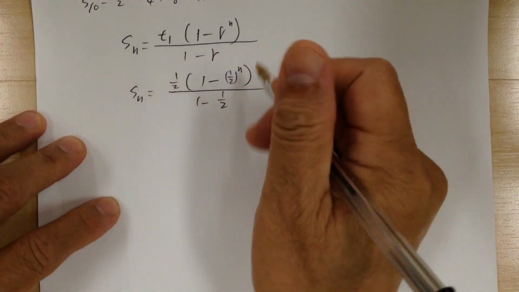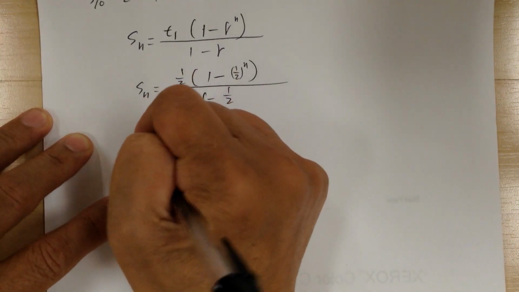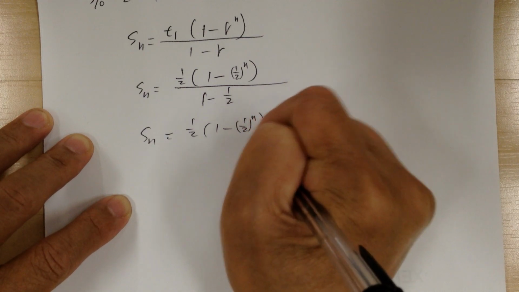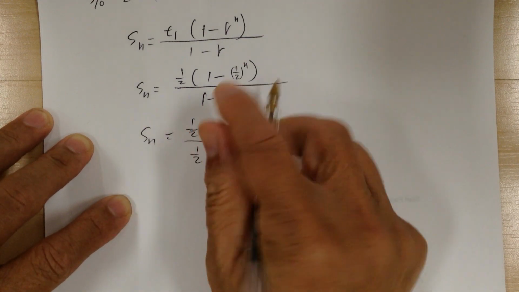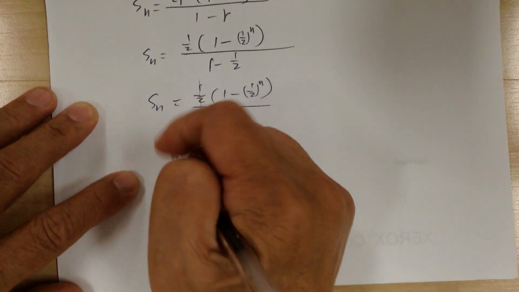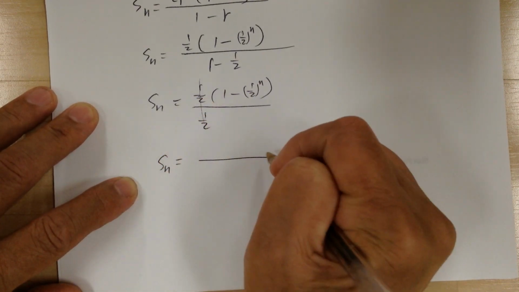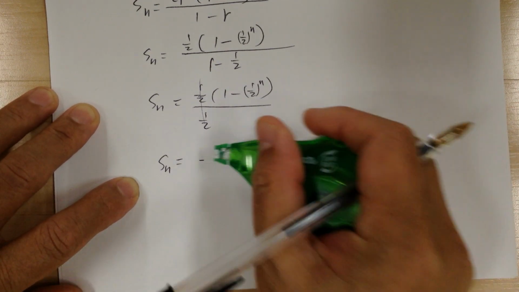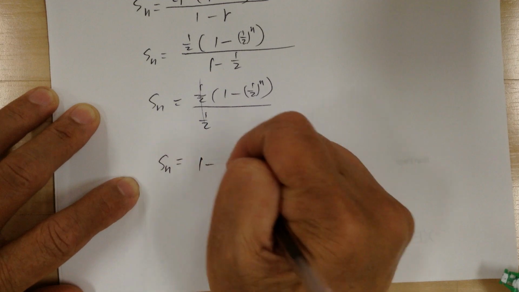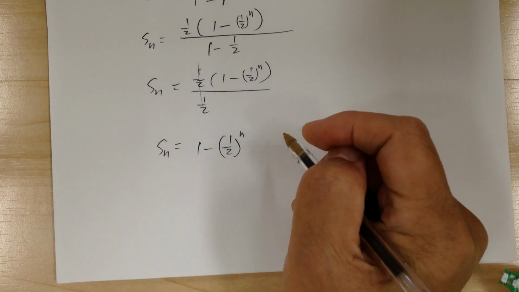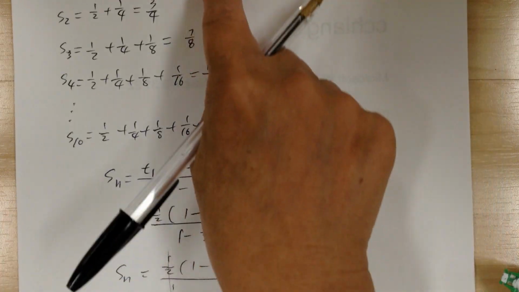If we simplify a little bit, 1 minus 1/2 is 1/2, and notice you have 1/2 up here, so this will cancel out. So Sn for this series will equal 1 minus 1/2 to the n. Notice this gets smaller and smaller.